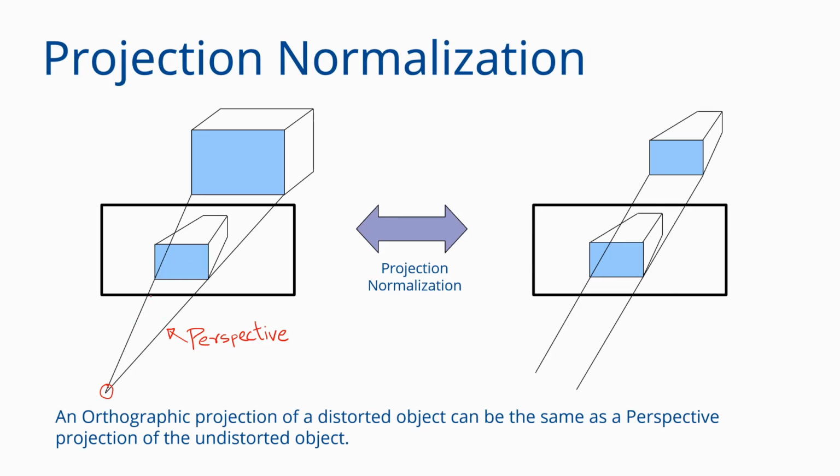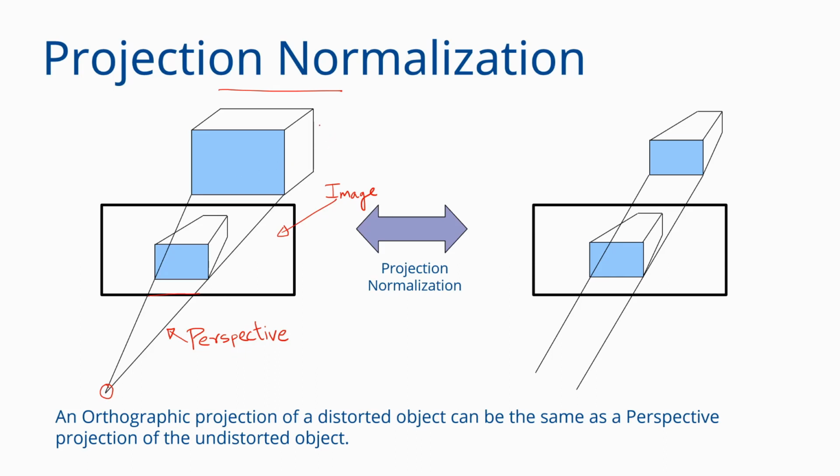Let us say that the view frustum had a near plane and it had a far plane, and this is the image that would have been formed under this perspective camera if you had applied it directly to the object.